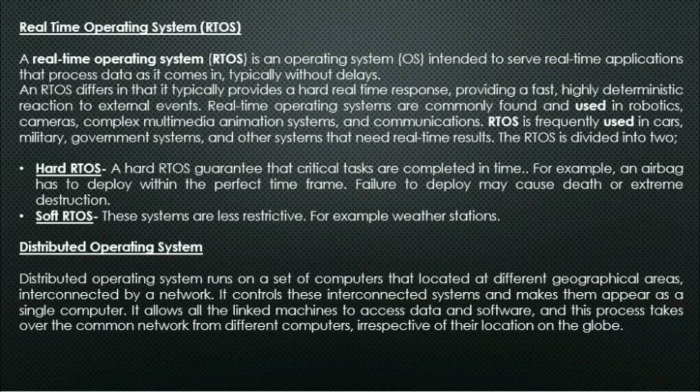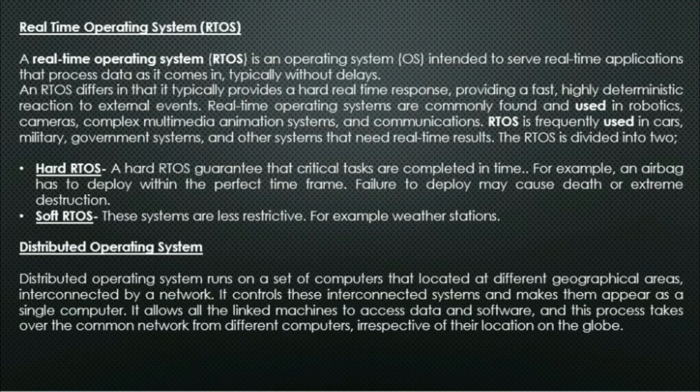The next type of operating system is distributed operating system, which means there will be a set of computers which are connected together with the help of a network, and they are located at different geographical areas. But in order to execute a software, they need to work together. That is known as distributed operating system.